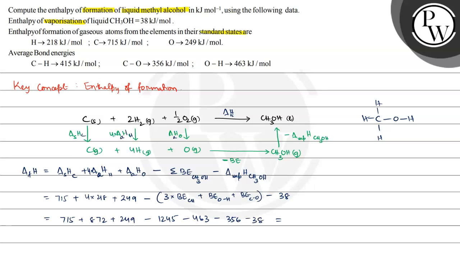So this value is equal to minus 266 kilojoule per mole. So the enthalpy of formation for CH3OH in the liquid state will be minus 266 kilojoule per mole. This is the required answer, and I hope you understood the concept well. Best of luck.